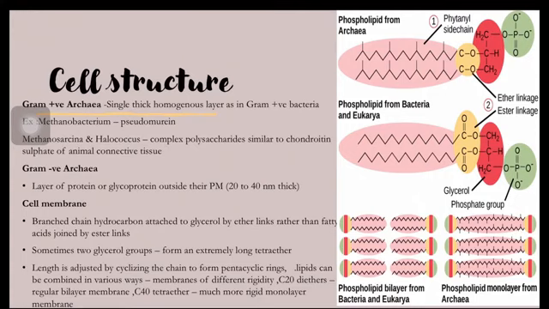Like bacteria, the gram-positive archaea also contain a thick layer, and this is a pseudomurein. The pseudomurein differs from the true peptidoglycan of the bacteria. How it differs from true murein: it possesses N-acetyl talosaminouronic acid instead of N-acetyl muramic acid.